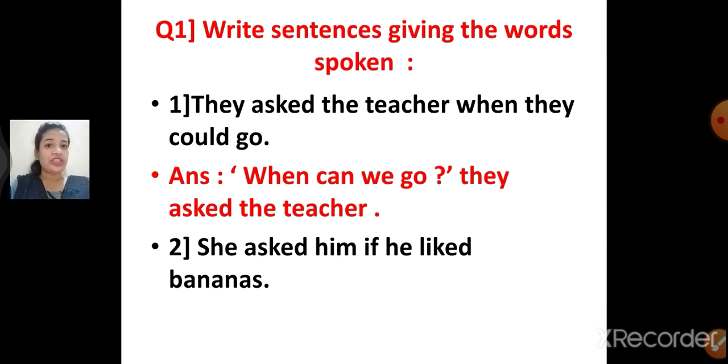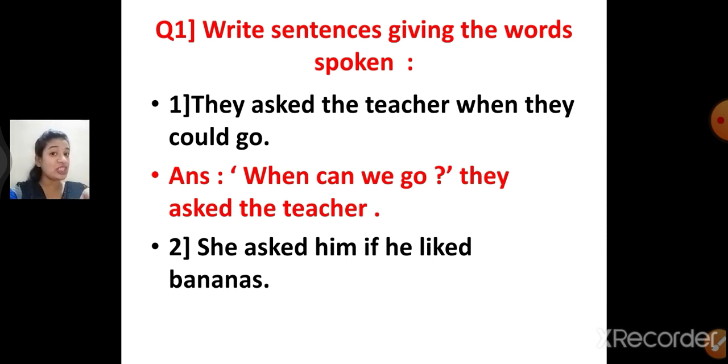Now we'll jump on the second one. She asked him if he liked bananas. Now you have to find out the spoken words. So what are the spoken words here? If he liked bananas.